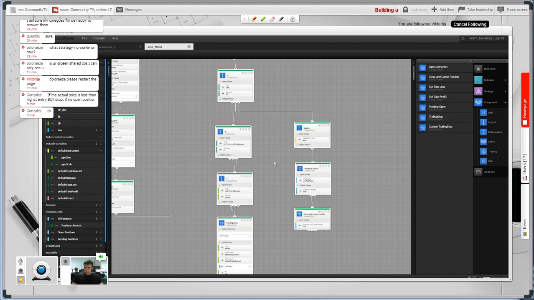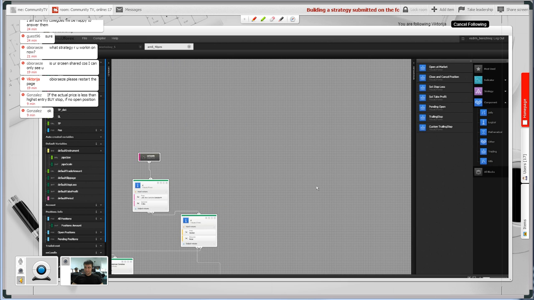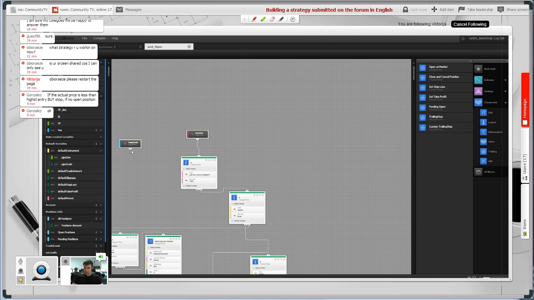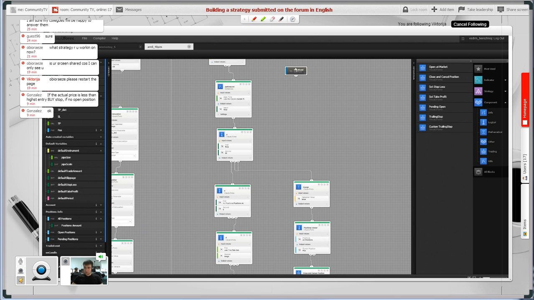I was going to add here trade event. Oops. Where is it? Trade event. What should it do? We will place several pending orders. They will close either on stop loss or take profit.